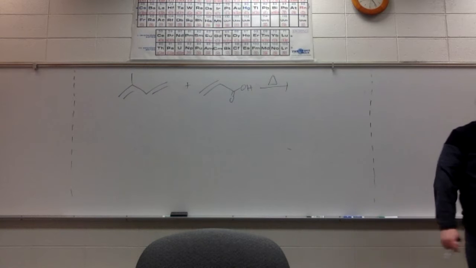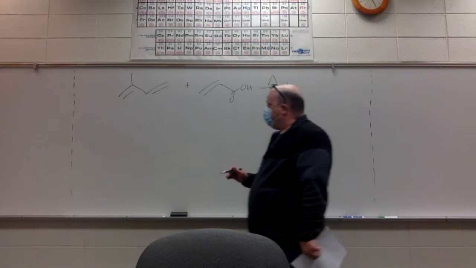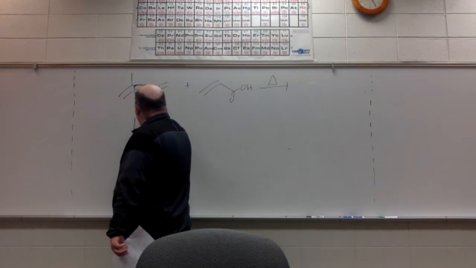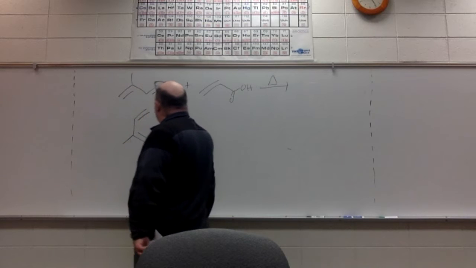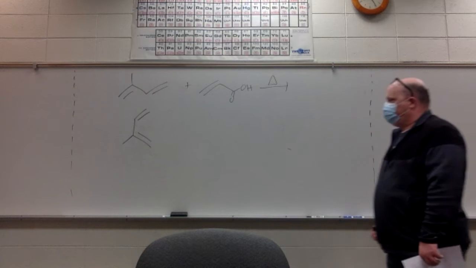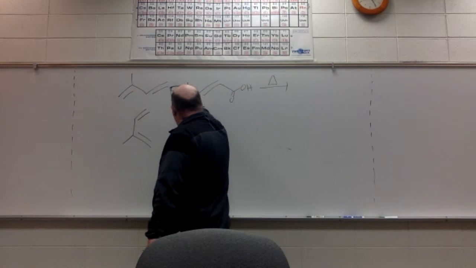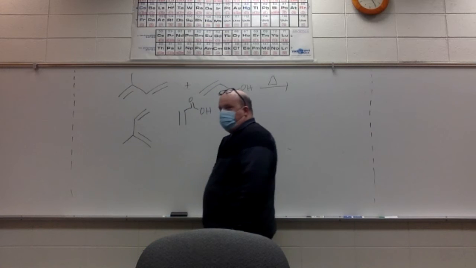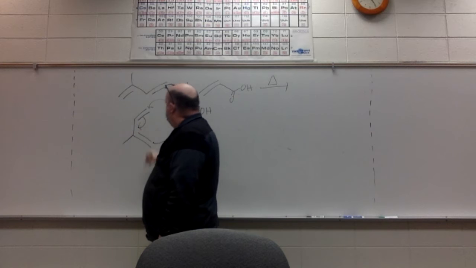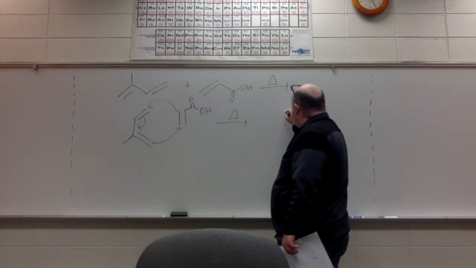And your strategy, again, is going to be exactly the same. First, always make sure that your diene is in the s-cis configuration. And then you can react it with your dienophile. The exact same thing that you've done in the other examples, and boom, you've got yourself a product.